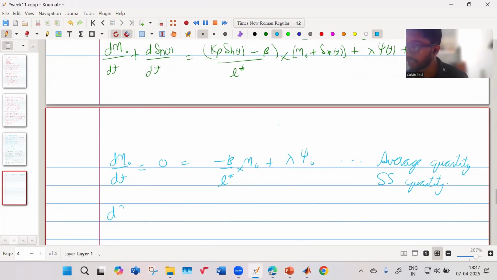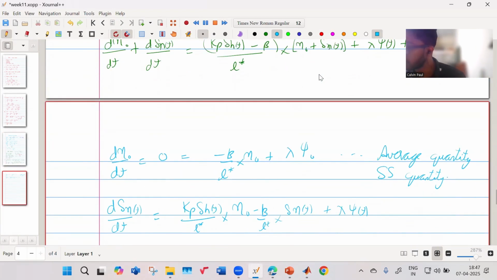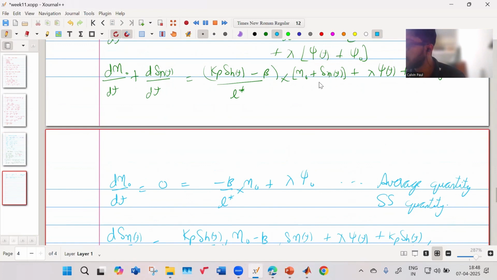And d delta eta of t upon dt is equal to kp into delta h of t upon L star into eta naught minus beta upon L star into delta eta of t plus lambda into phi of t, and an additional term plus kp into delta h of t upon L star into delta eta of t.